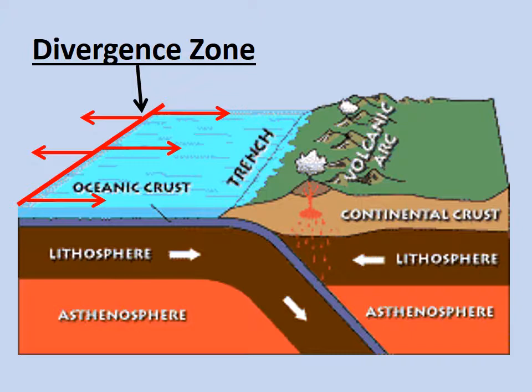So first we want to talk about the ways that the Earth's crust interacts within itself, the different plates of the Earth's crust, and how they affect California's topography. So we have divergent zones occurring where the two plates are sort of moving away from each other, the surface crust anyway.